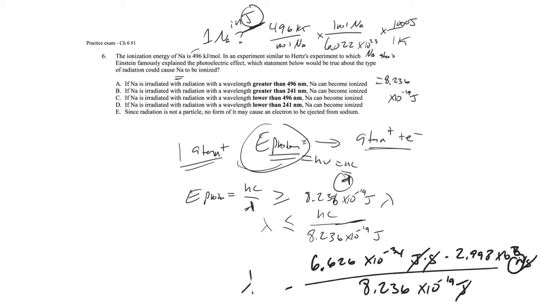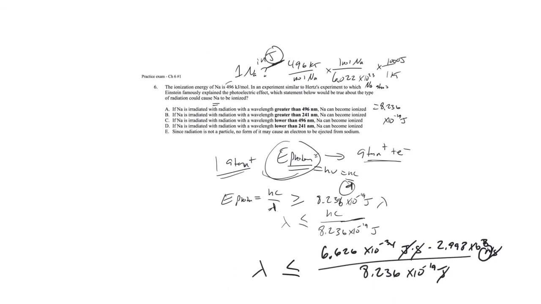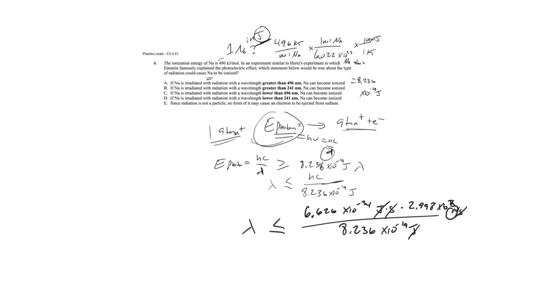Whoops, flip my sign here. I want my wavelength to be less than or equal to this value here. Let's come back to why it's less than or equal to in a minute as well.